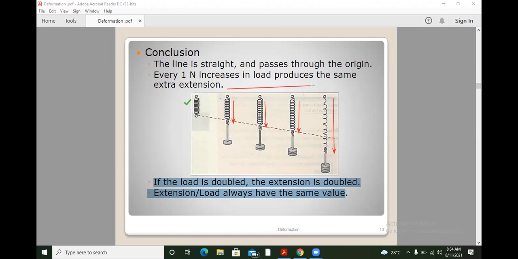Till 3 Newton of this stage, it can regain its original shape. But at that point, the spring gets deformed and is not able to regain its original shape. Clear?